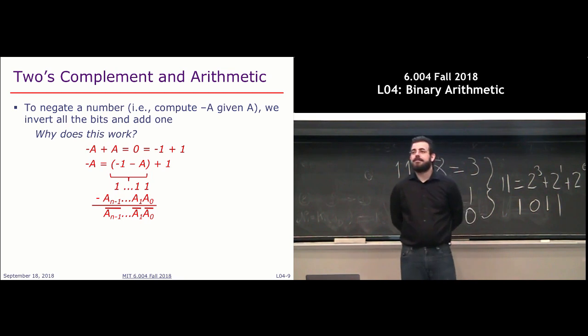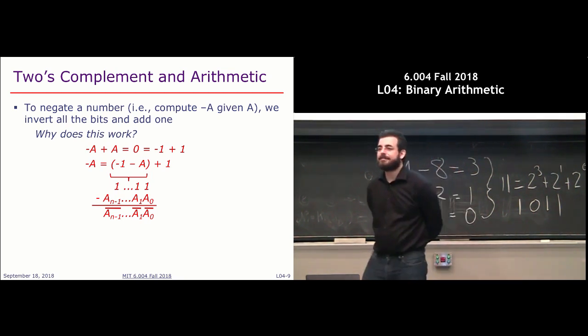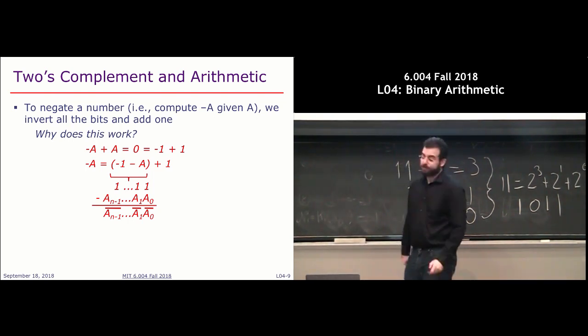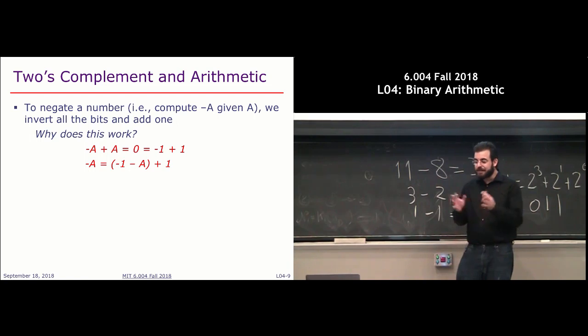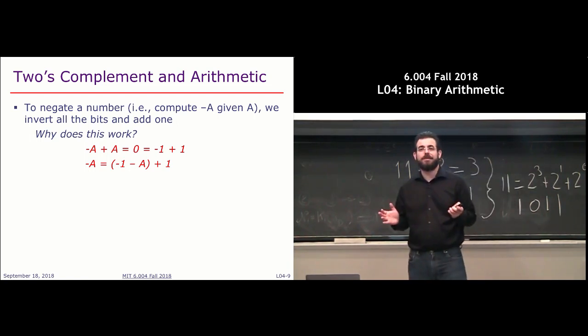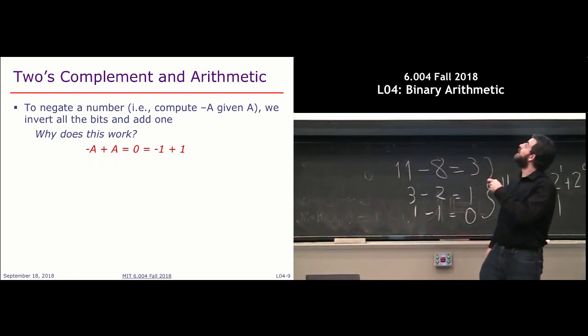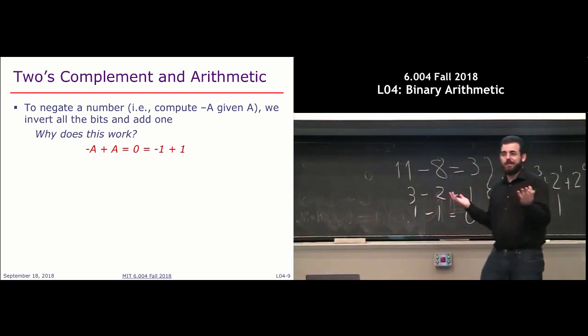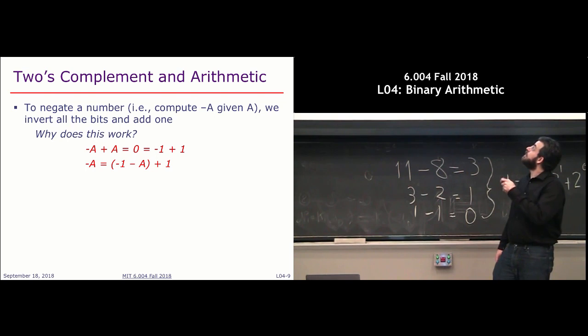OK, any questions? Yes? Oh, sure. Let's go back. This is just a standard reassociation of terms. This equality is simply saying minus a plus a is 0, minus 1 plus 1 is 0, and you're just reassociating the terms to get to this equation.